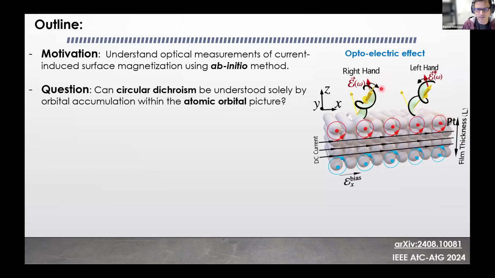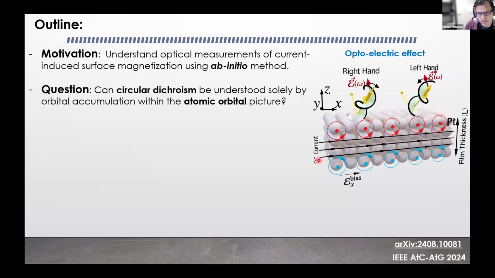And if it's a circular light, you can see that the absorption rate between left-handed and right-handed light absorptions are going to be different. So this fits within optoelectric field if you were to put a label on the general phenomenon.